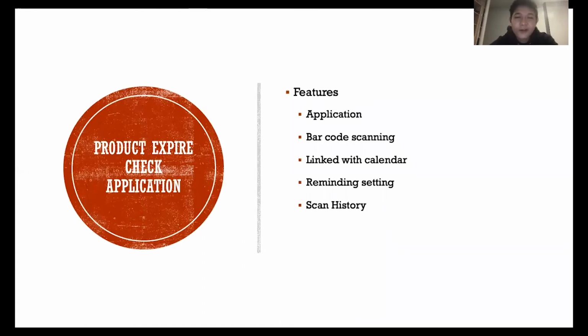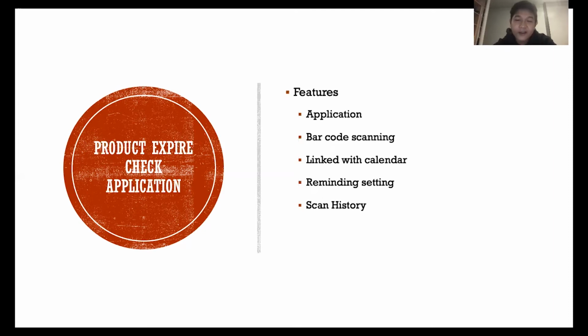Now I'm going to talk about the features of our product, which is the Product Expiry Check application. The application has barcode scanning. Once you buy the product from the store, you check the barcode of the product on the application and it will automatically link to the calendar of the device and remind you 2 times a day, which is the default setting, but you can change it up to 12 times.